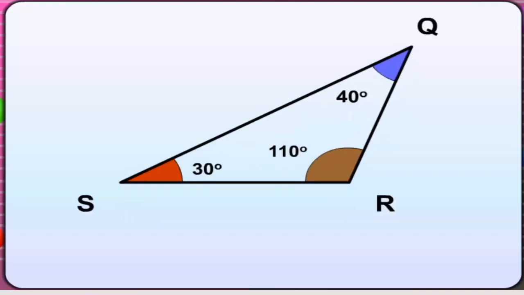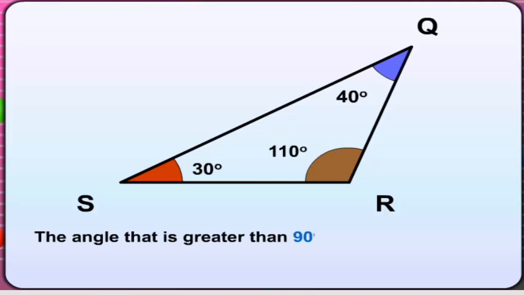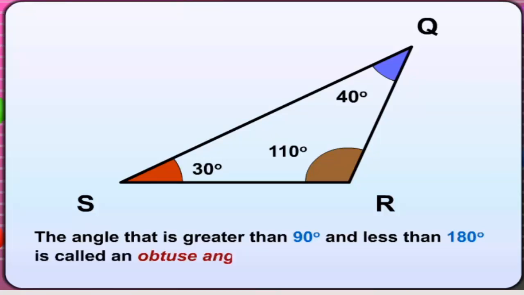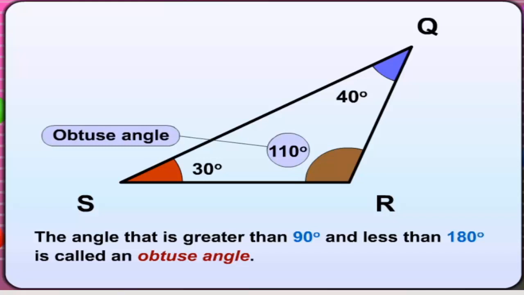We know that the angle that is greater than 90 degrees and less than 180 degrees is called an obtuse angle. So, the angle QRS is an obtuse angle.